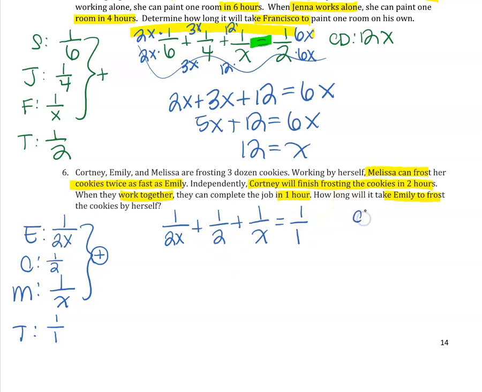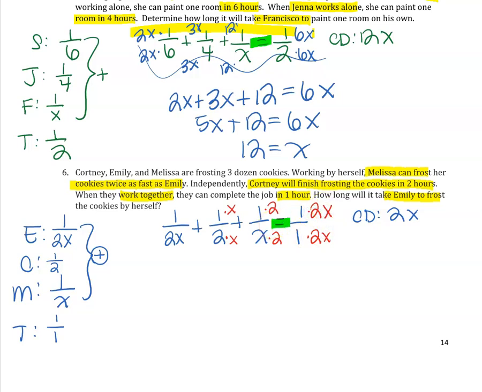Now my common denominator would probably be 2x. I think that's the easiest denominator to use, because then I can easily say, well, I'm going to multiply the second one by x, the third one by 2, and then the together part is going to have to be 2x.